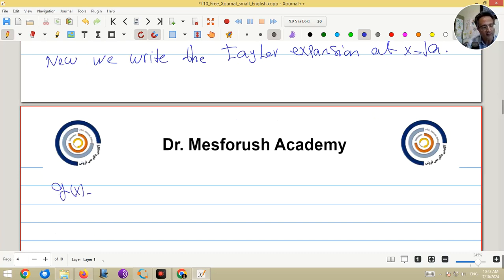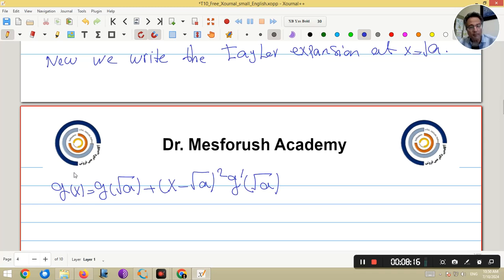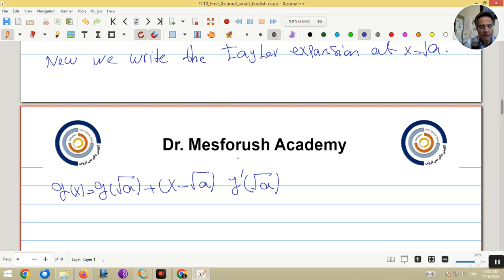We get g(x) equal to g(square root of a) plus (x minus square root of a) times g prime at the square root of a, plus (x minus square root of a) squared over 2 times g double prime at the square root of a.